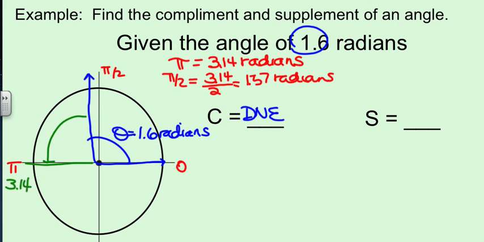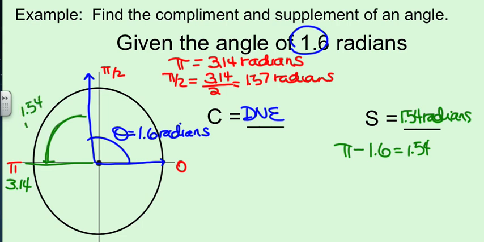So we're going to take pi minus 1.6 radians. So 3.14 minus 1.6 is 1.54 radians. So that's this distance here, from here to here, is 1.54 radians. So that's its supplement.